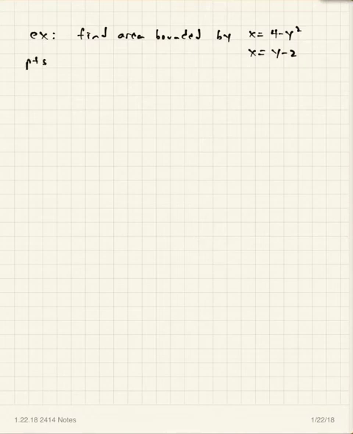The points of intersection, just like on the last problem, except now we're solving for y first. Other than that, it's basically the same. So you have y minus 2 equals 4 minus y squared. All right, so you solve this for y. You add y squared to both sides, then plus y, subtract 4, and you get y squared plus y minus 6 equals 0.